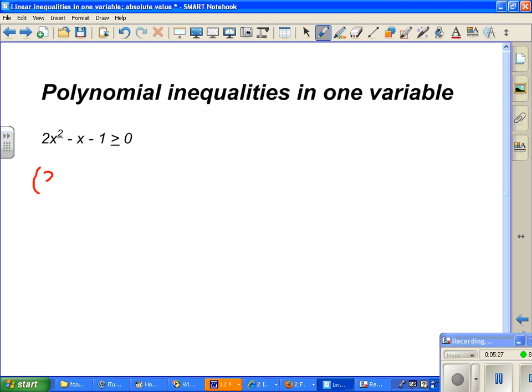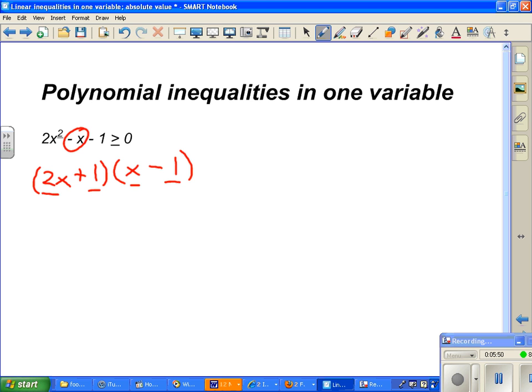So 2x and x. Let's see. It's going to be -1 and +1, because -1 times +2 is -2, and 1 times x is 1, so -2 plus 1 is -1.